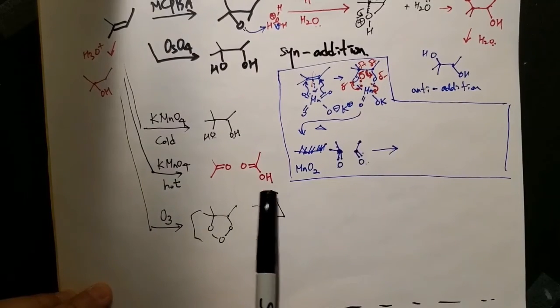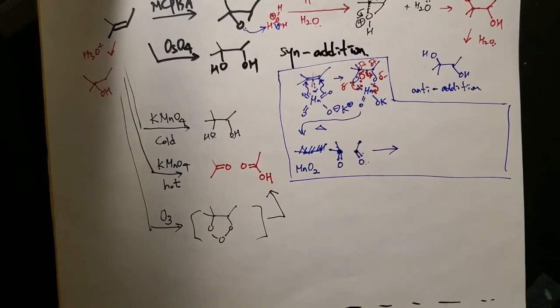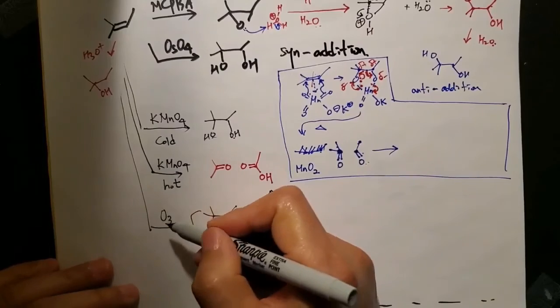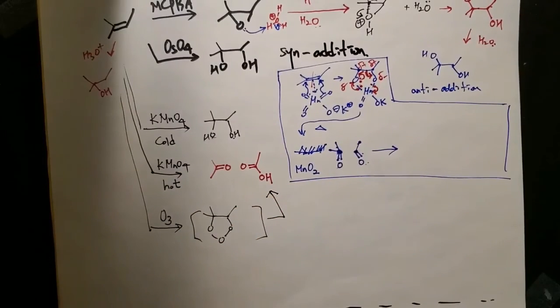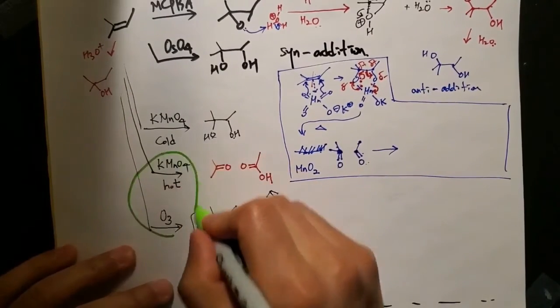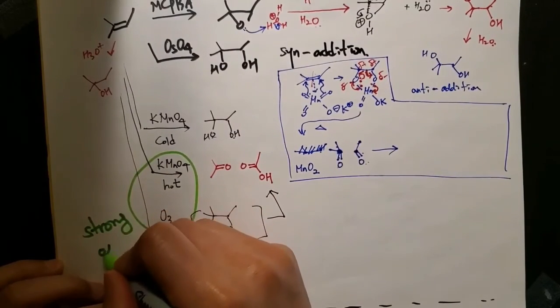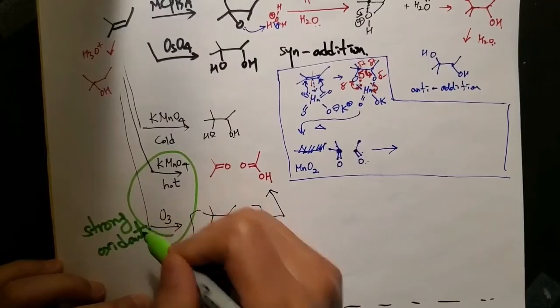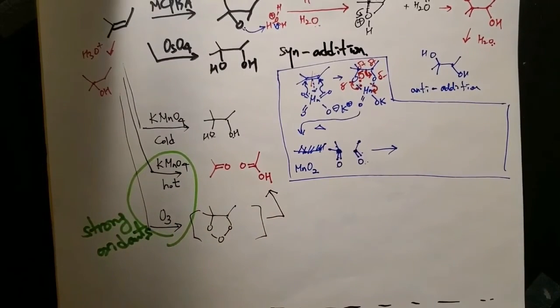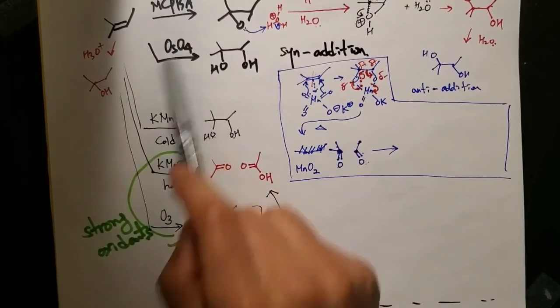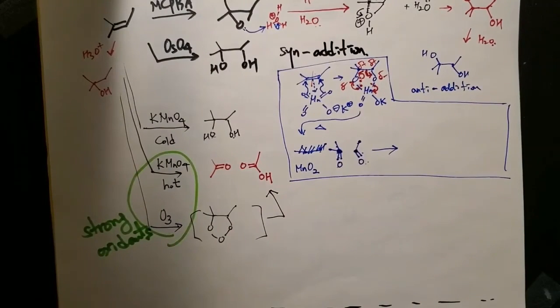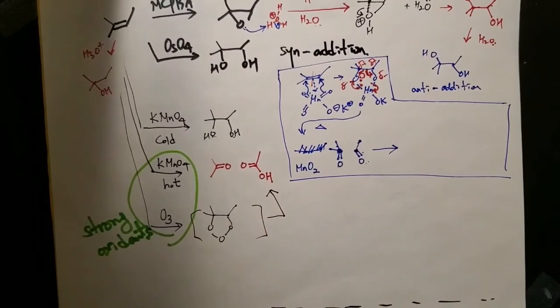So you get this carboxylic acid. These are considered strong oxidants, so they go all the way. KMnO4, as well as osmium tetroxide, is considered a weak oxidant. So they go one oxidation and they stop.